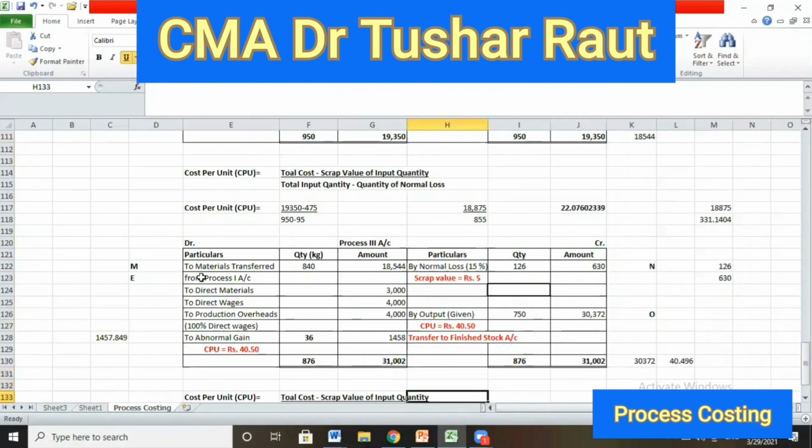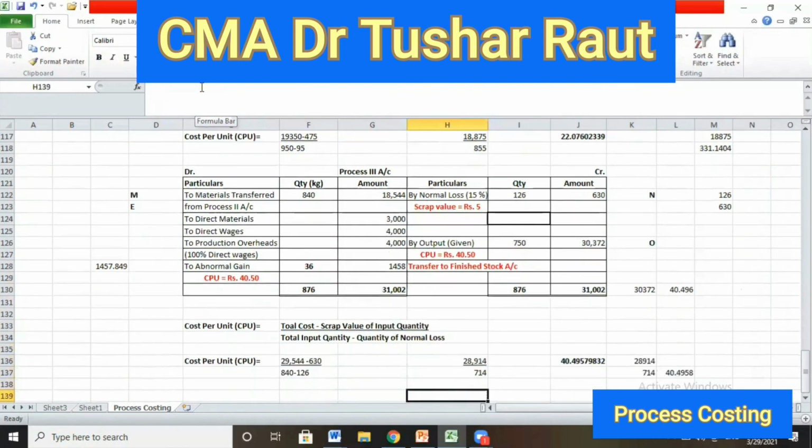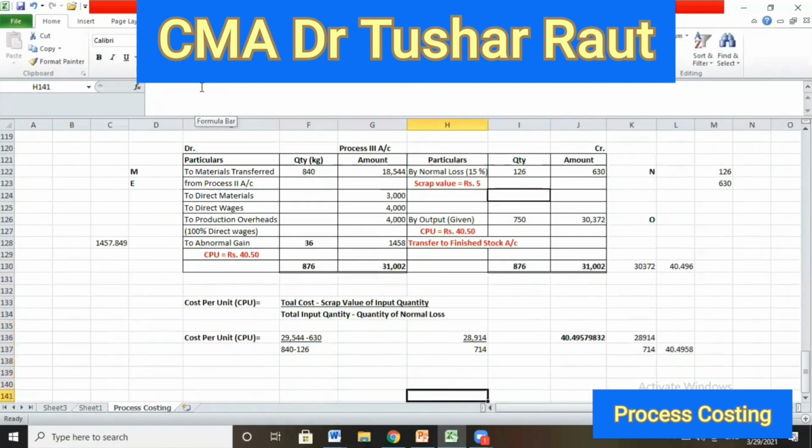So here we will write material transfer from process 2 account, and finally this output which is given is transferred to finished stock, because there is no next process. We calculate it through CPU and everything. So this is how we need to follow and complete the process account.